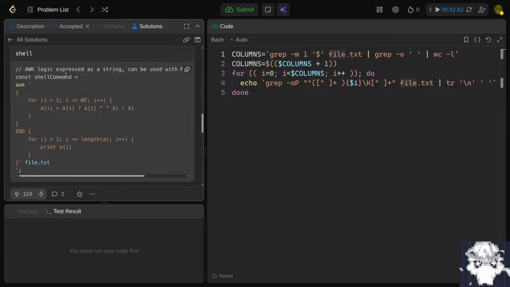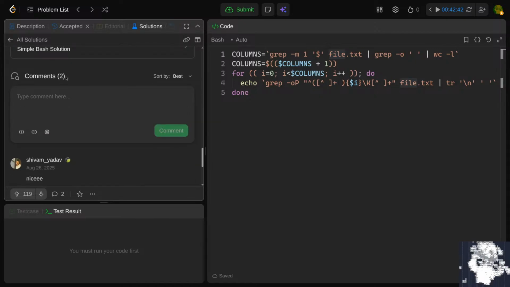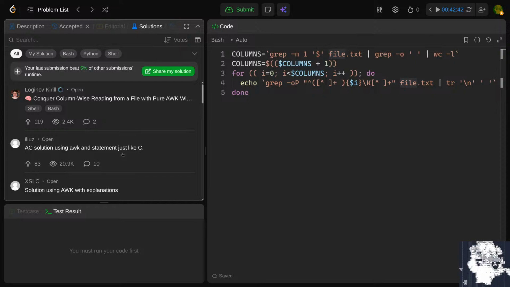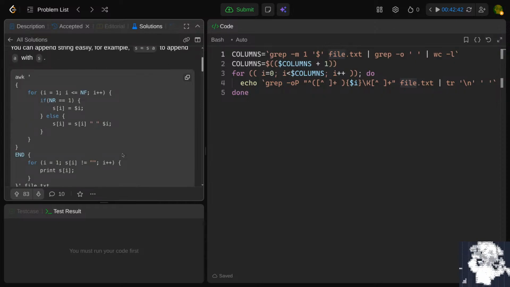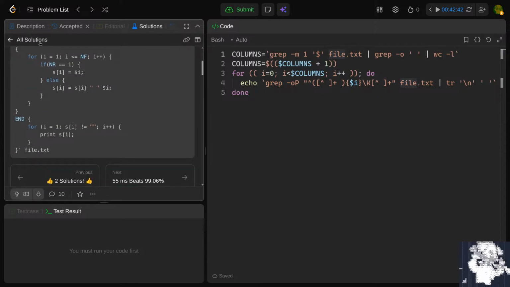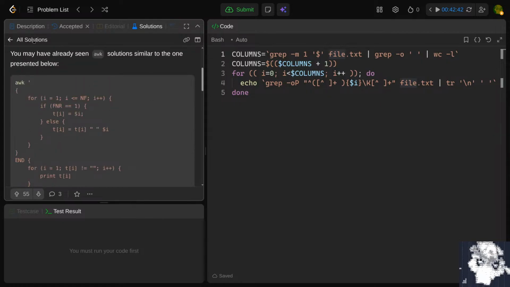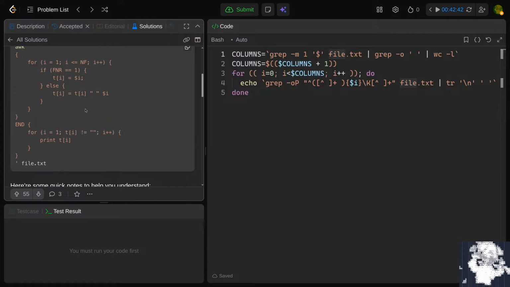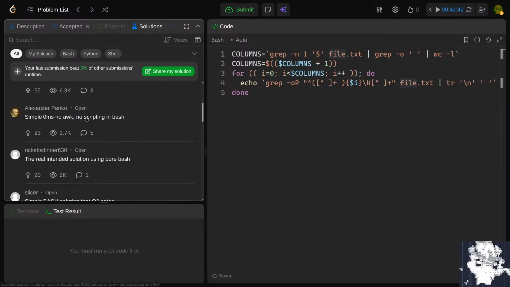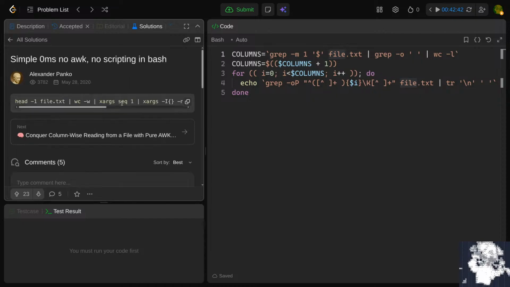A very complicated awk. Another complicated awk. Seems like awk would be helpful. The last few solutions had some awk way of doing it. So awk has, yeah, it's got like all this syntax that I don't know. No awk, that's what I want to see.